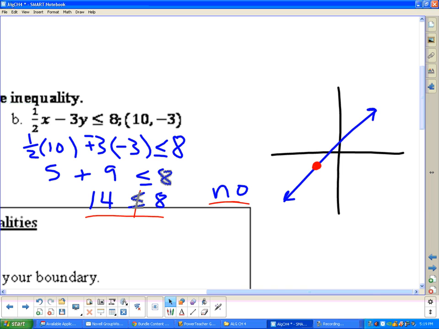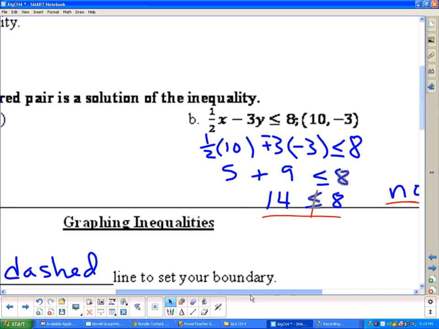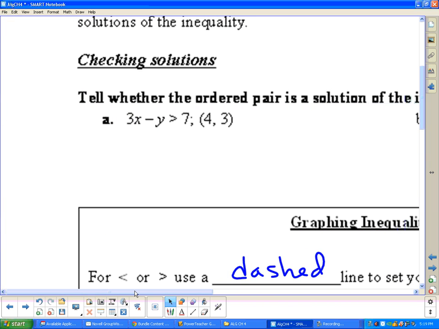One way we can check that is to plug it in, and if the equation works, then that point is a solution. Here we have an inequality, which is a little bit different, so we need to check if the point that we're plugging in, (4, 3), makes 3x minus y is greater than 7 a true statement.